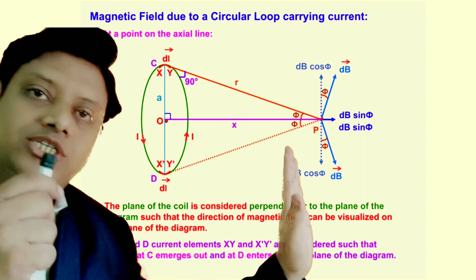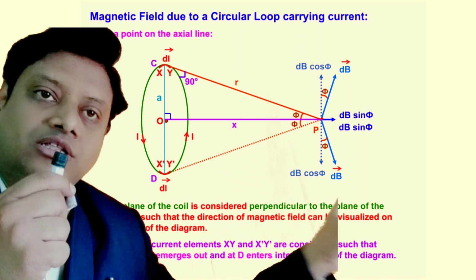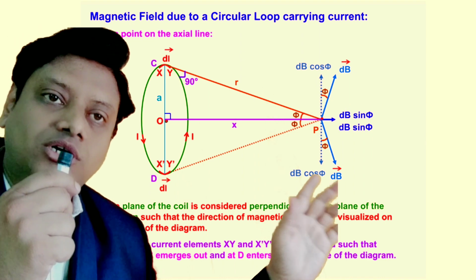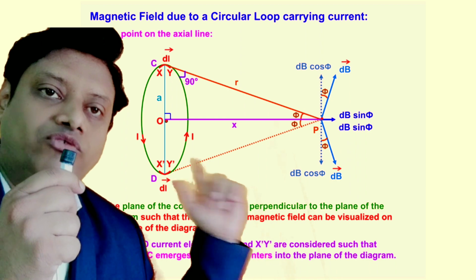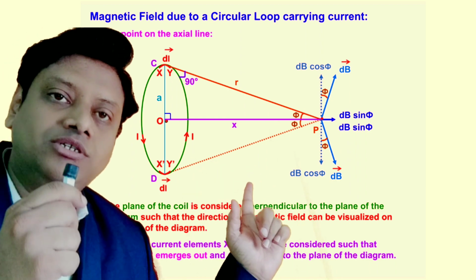That means suppose the coil is facing towards that side, so its plane is perpendicular to the surface of your notebook or of this board.